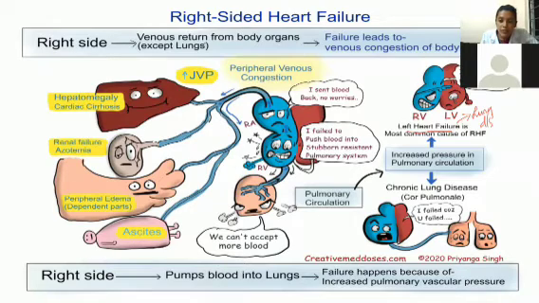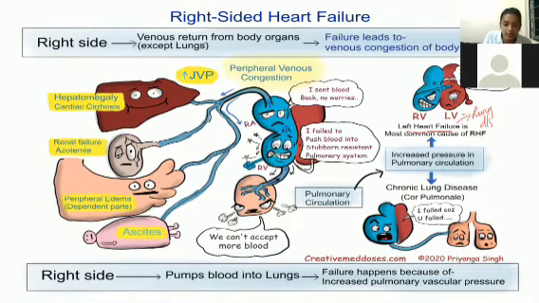Left heart failure is the most common cause of right heart failure. So there is increased pressure in the pulmonary circulation. This increased pressure in the pulmonary circulation can also occur if there is a chronic lung disease. In this way, cor pulmonale or failure of the right ventricle will occur.